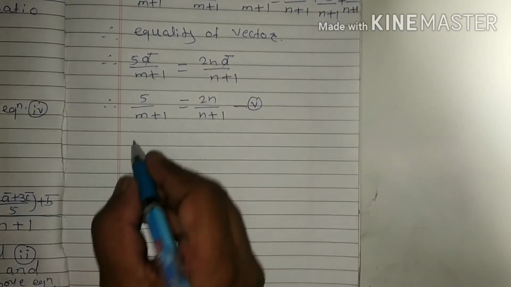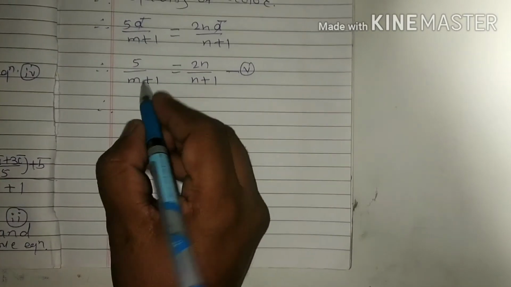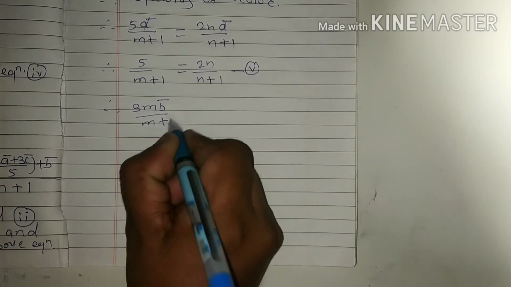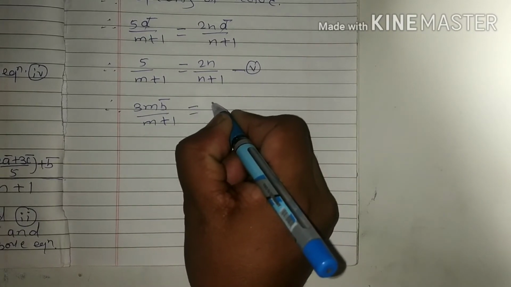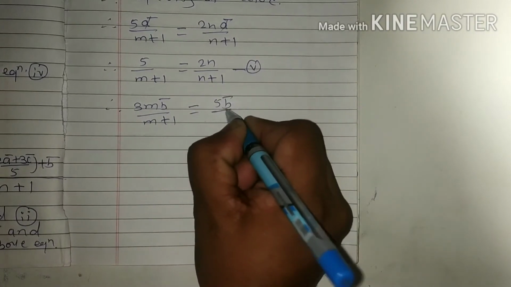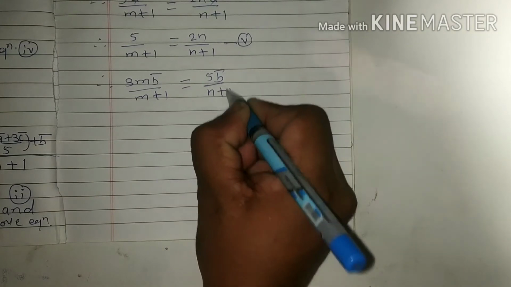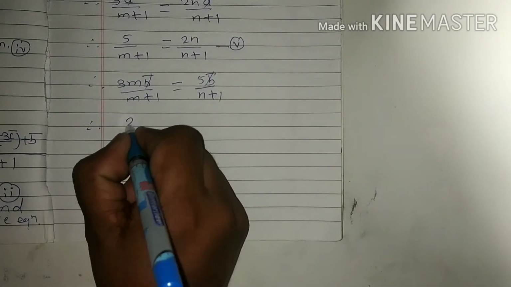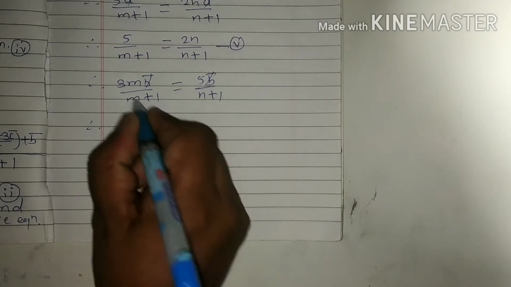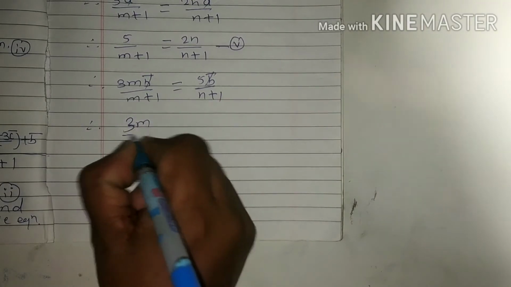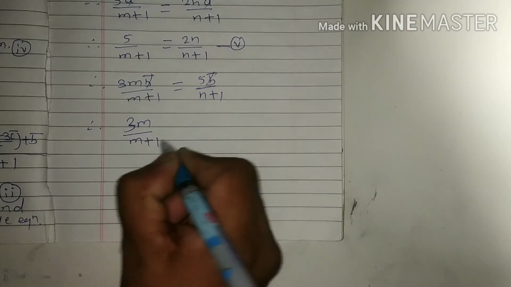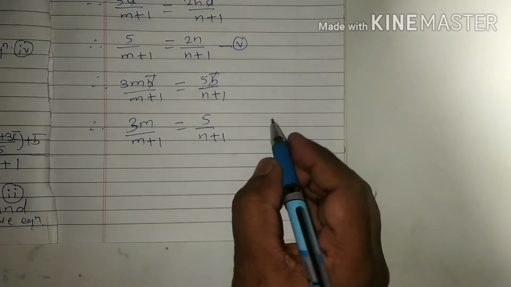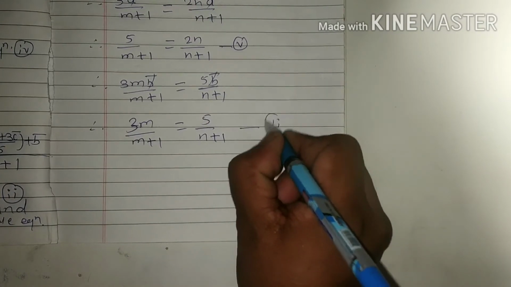Same, second term: 3m B bar divided by m plus 1 is equal to 5 B bar divided by n plus 1. B bar gets cancelled and we get 3m divided by m plus 1 is equal to 5 divided by n plus 1. We will give equation number 6.